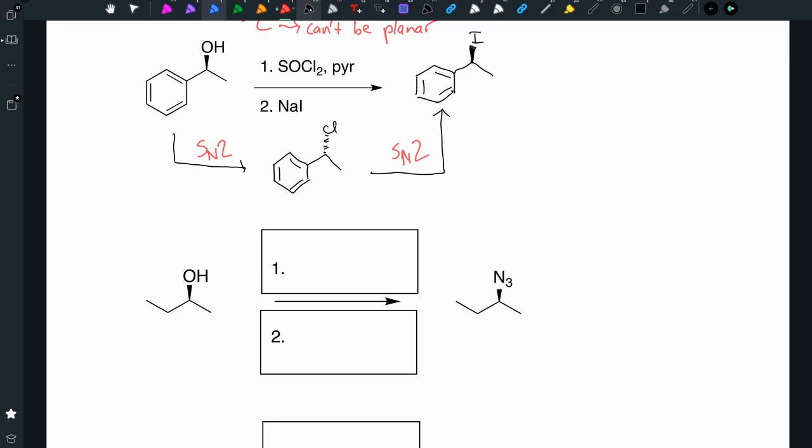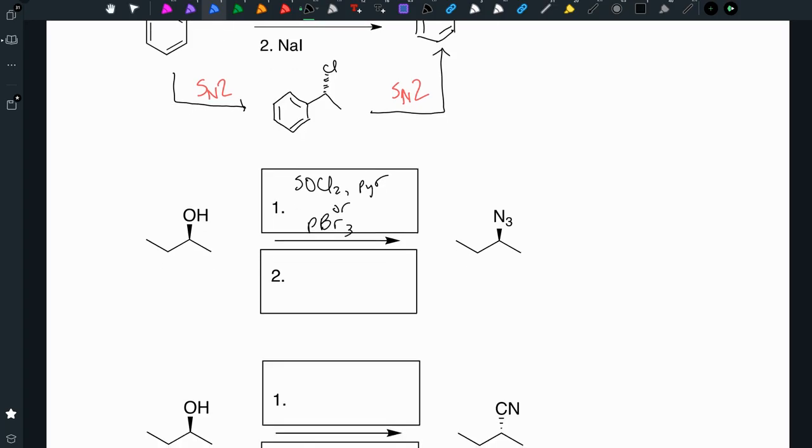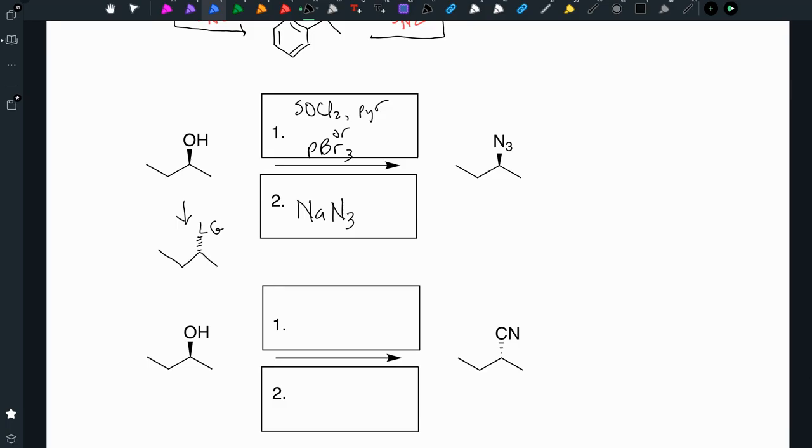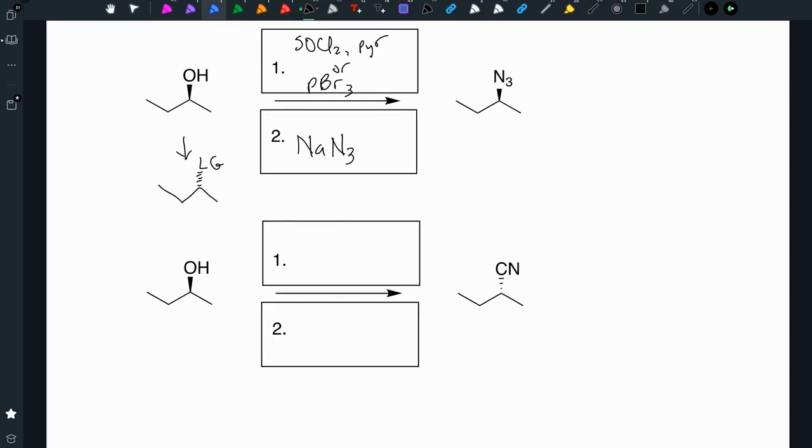So my 2 reagents that would invert stereochemistry would be either SOCl2 and pyridine or PBr3 as my first step. That will give me something with a leaving group going into the page. And then if I use NaN3 or just N3- as my nucleophile, that will replace the leaving group and give me the stereochem I want.